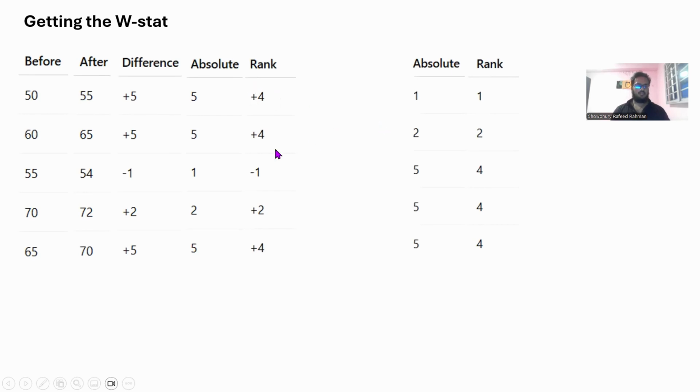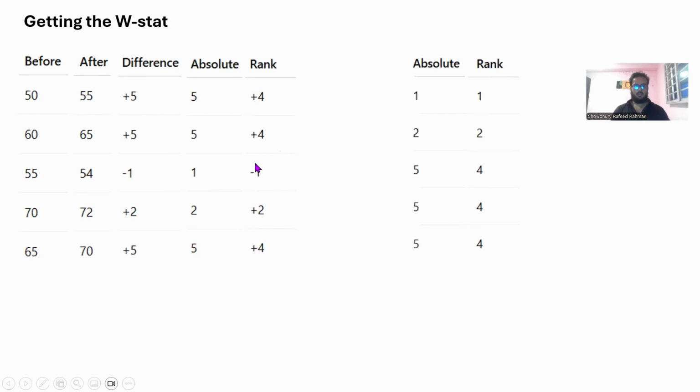So what does this sign mean here? Plus means that the difference is positive. That means after you go through that special class, you have some increase in marks, and those are ranked high. So 4 is higher ranked. If you look at the minus sign, it means that the mark has decreased.